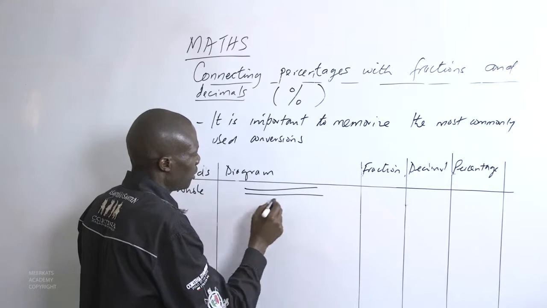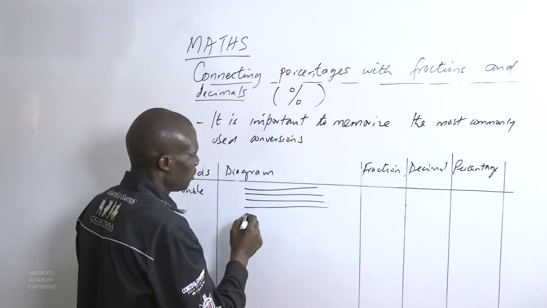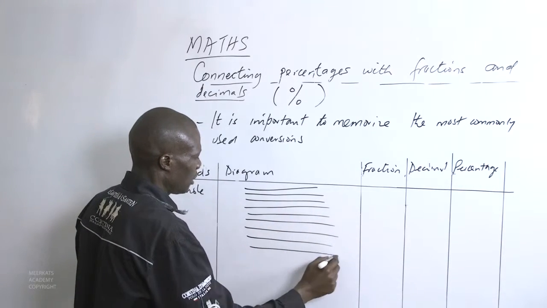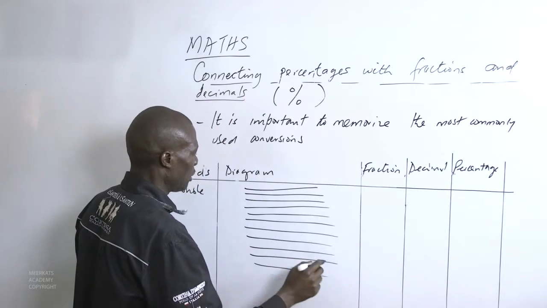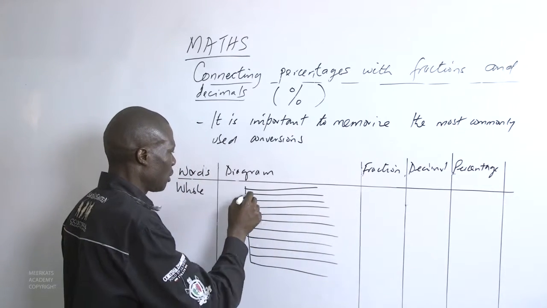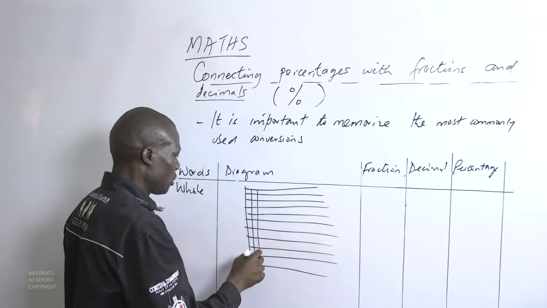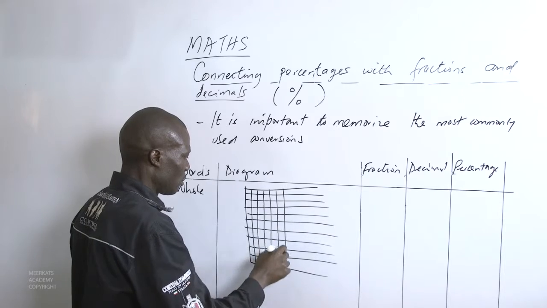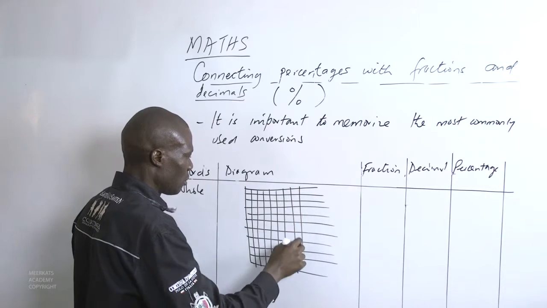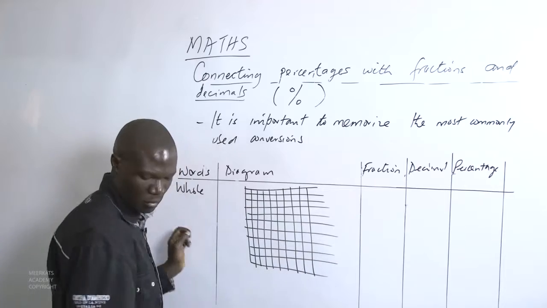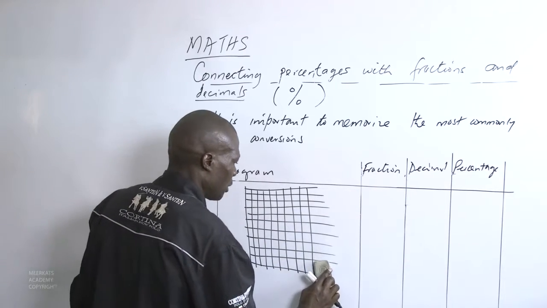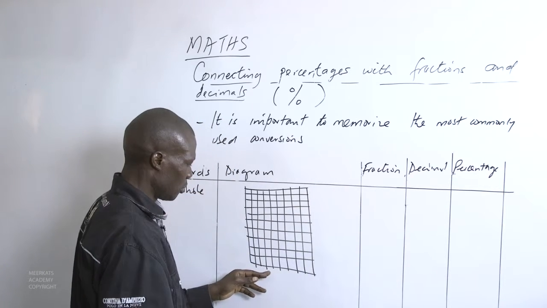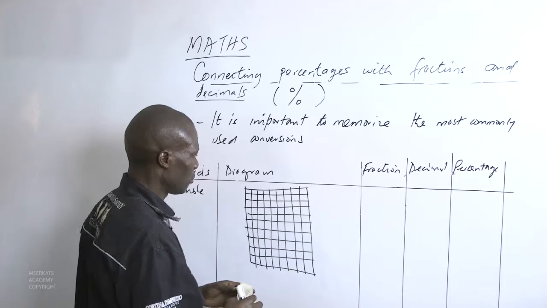So 1, 2, 3, 4, 5, 6, 7, 8, 9, 10. We have 10 boxes.